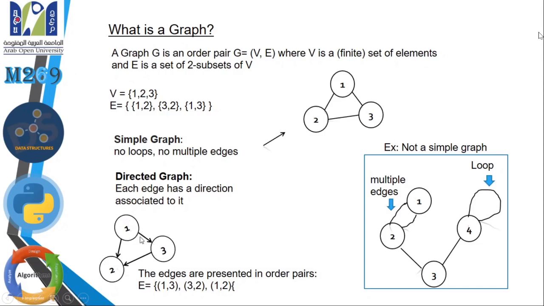So it is directed: you can go from 1 to 3, but you cannot go from 3 to 1. For undirected, you can say 1, 2, or you can say 2, 1. It's okay. Simple. Questions so far? Everything is all right? Okay.